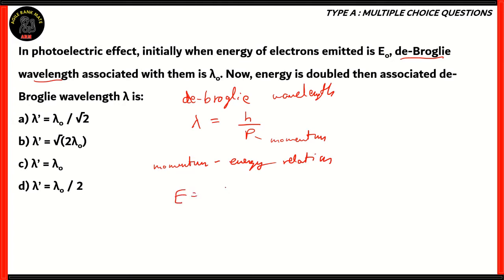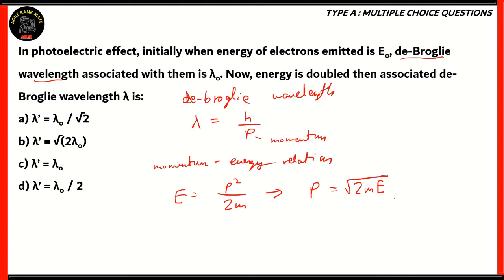Energy is p squared over 2m. This is how momentum and energy are related. So therefore, if you write momentum on the left-hand side, it will be the under root of 2mE. So 2mE, the whole under root, is the value of momentum with respect to energy.